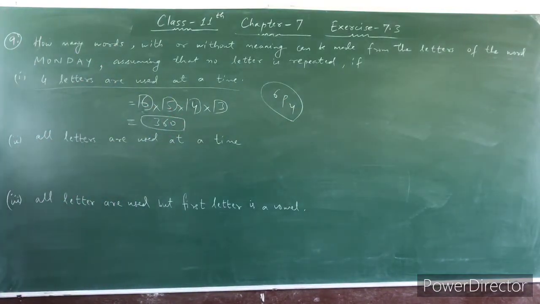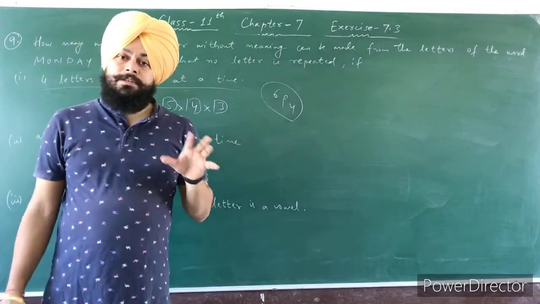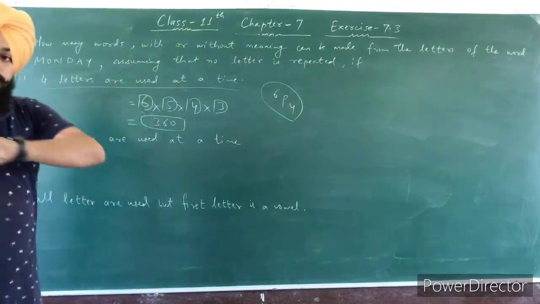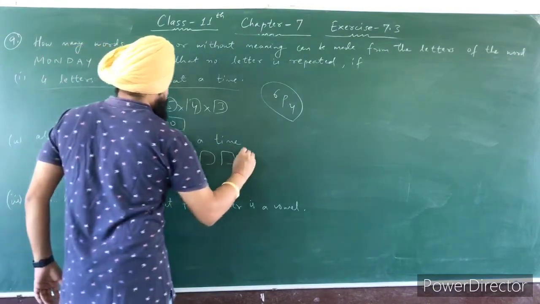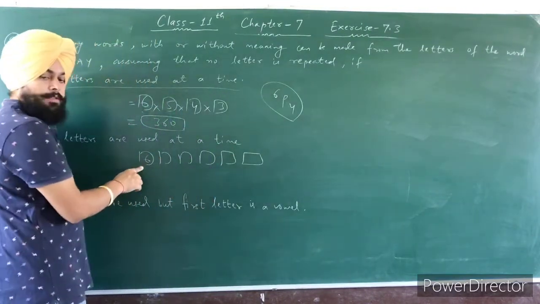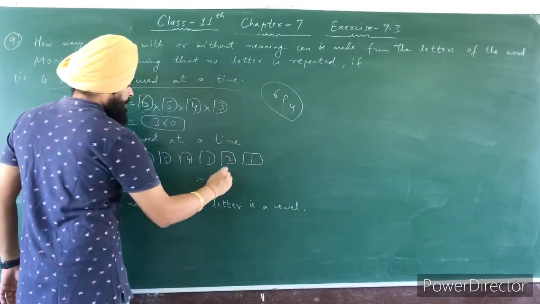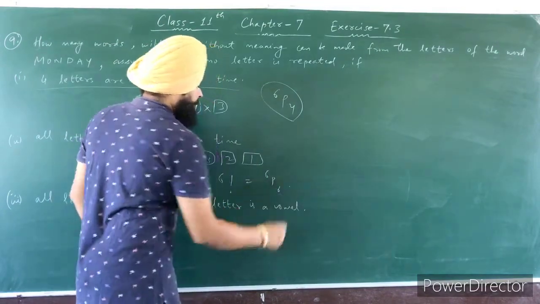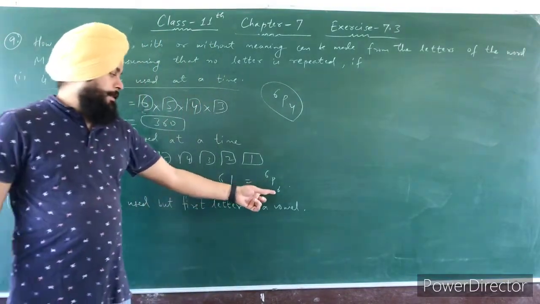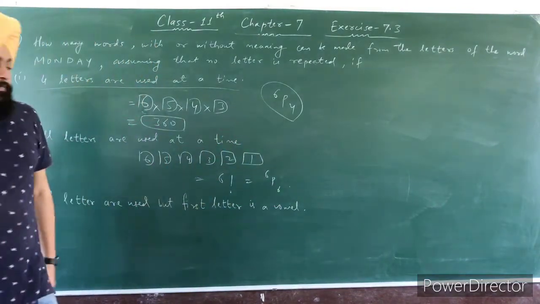Next, second one: all letters are used at a time. There are 6 letters and we have to use all the 6 letters. So in the first there are 6 chances, then 5, 4, 3, 2, 1. So we have to find 6 factorial, or you can write it as 6P6. 6 is the total number of objects, and r is 6 again because we have taken all the objects.